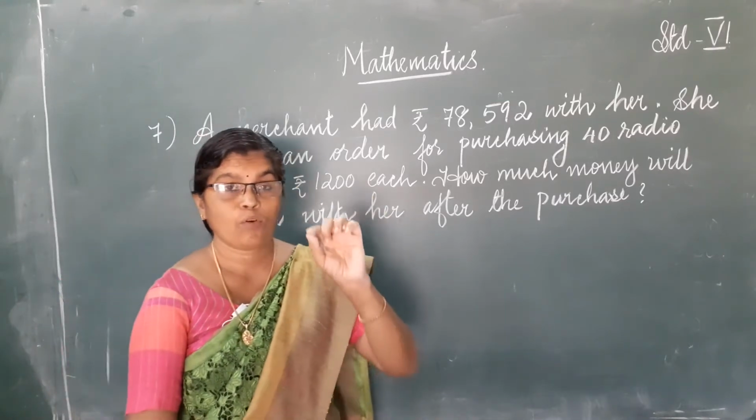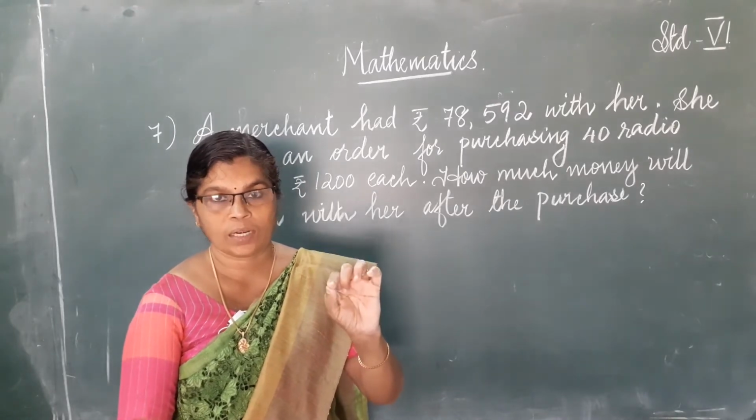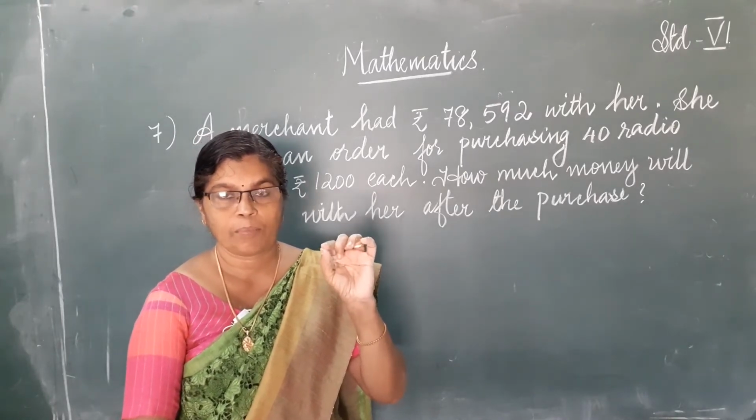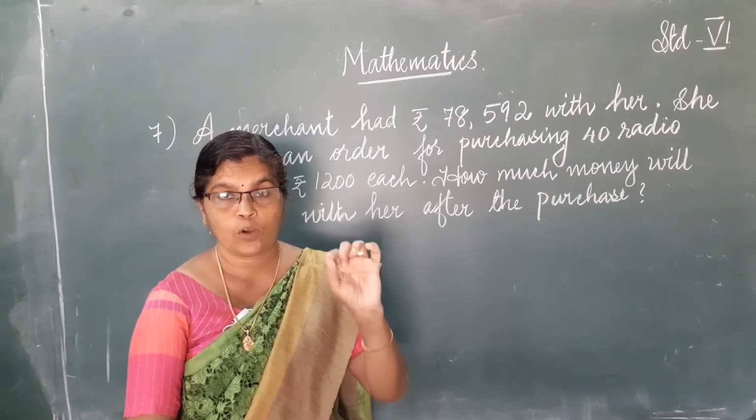Each means for one. The cost of one radio set is 1,200. So how many radio sets does she need? She needs 40 radio sets.